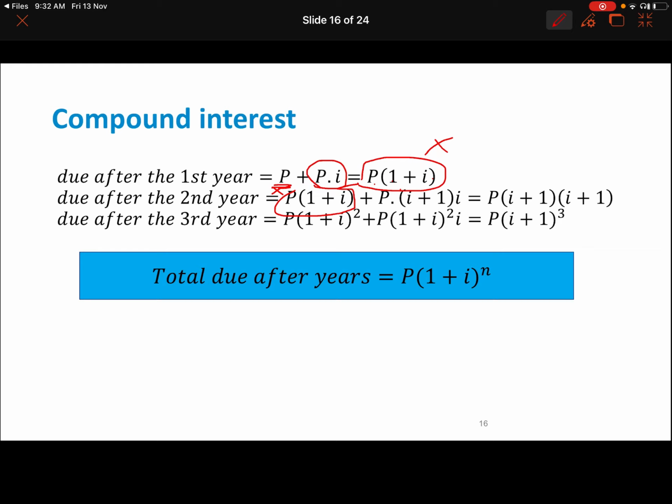Then I have an amount x, so x multiplied by i again, so it will be x(i plus 1). Here x equals P(i plus 1). So P(i plus 1) multiplied by (i plus 1) is P(i plus 1) to the power 2. And if we do this for a certain number of years, we will understand that the total due after n years is P(i plus 1) to the power n.